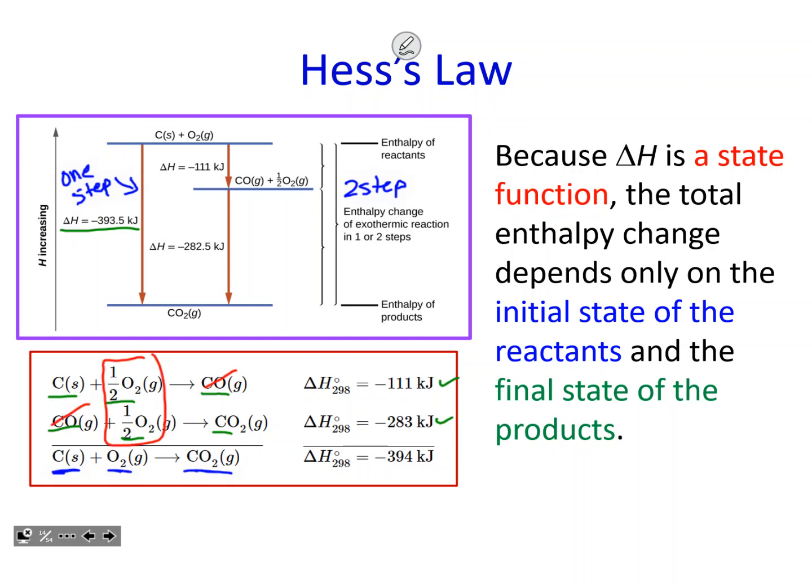The two 1/2 oxygens would add up to giving you a whole oxygen here. Then all you'd have to do is add these two together and you would get your delta H. So it matches the one step idea here. Okay? So that's just a way of using the math to get your end result and find your delta H if you can't experimentally determine it in the lab.